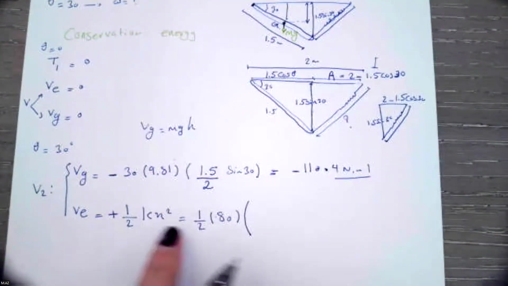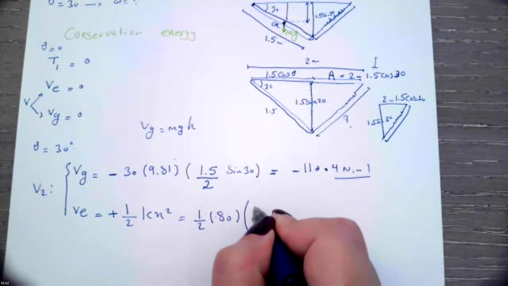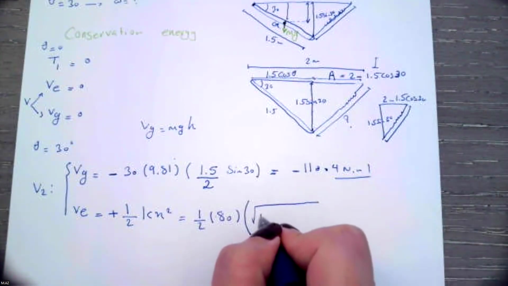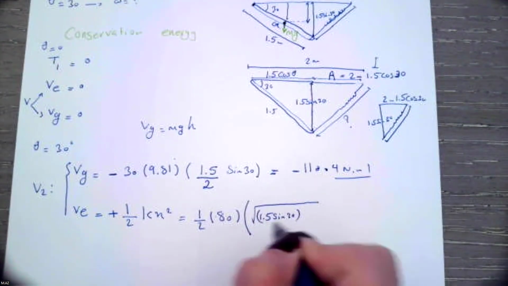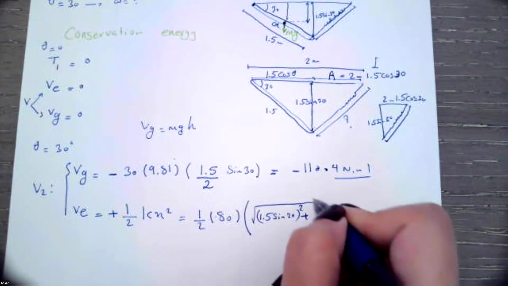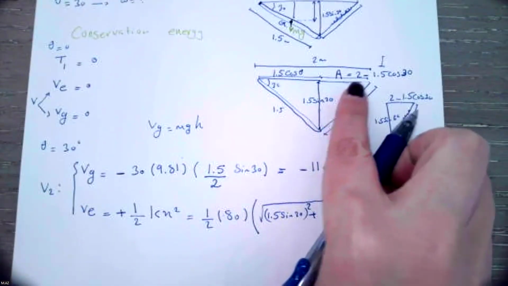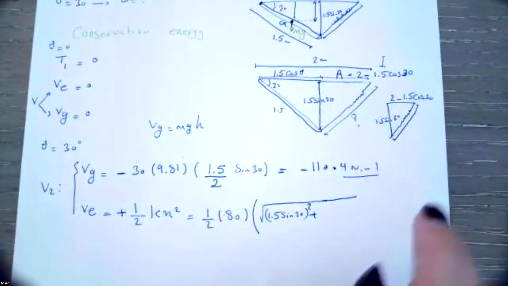This is the 1/2 k. We have 1.5 sine 30 squared plus this length, which we learned is 2 minus 1.5 cosine 30.